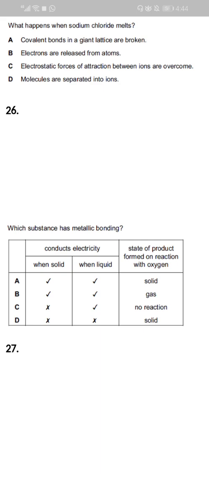Gas state of product formed on reaction with oxygen. Whenever metals react with oxygen, they form oxides, and all the metallic oxides are solid. All the salts are solid. Alkalis are solid. They do not exist as gas or liquid at room temperature.